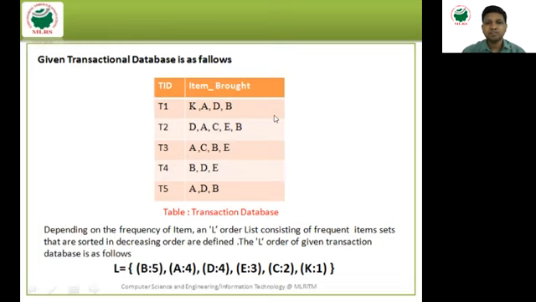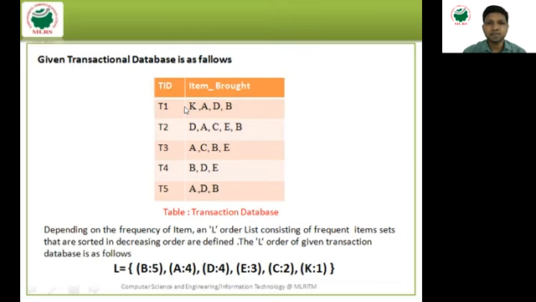Initially, first identify the unique items in the transactional database. What are the unique items? K, A, D, B. These are the unique items in T1.